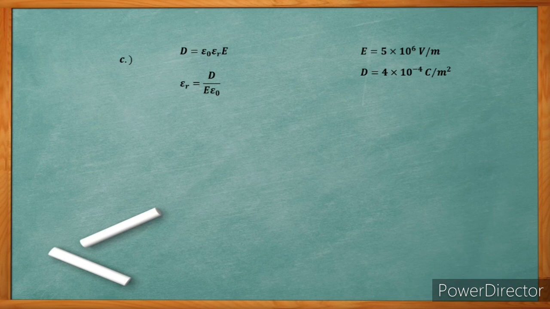Substituting the values to the formula, the relative permittivity is equal to the value of density, which is 4 times 10 raised to negative 4 coulomb per meter squared, over the value of our intensity, which is 5 times 10 raised to 6 volt per meter, times the absolute permittivity, which is 8.854 times 10 raised to negative 12, and the value of our relative permittivity is 9.035.